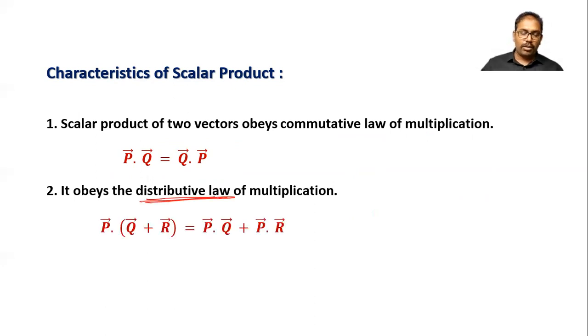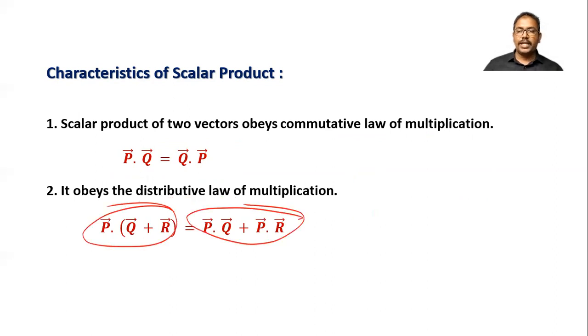Now what is distributive law? You can see here this equation, p bar dot (q bar plus r bar) is equal to, we can distribute the term, p bar dot q bar plus p bar dot r bar. So both the sides are equal. So we can say that scalar product obeys distributive law of multiplication.